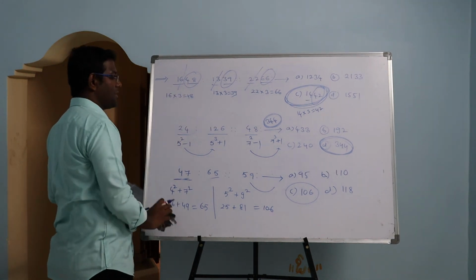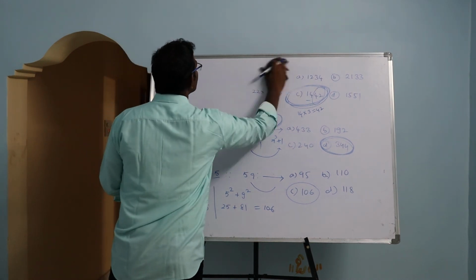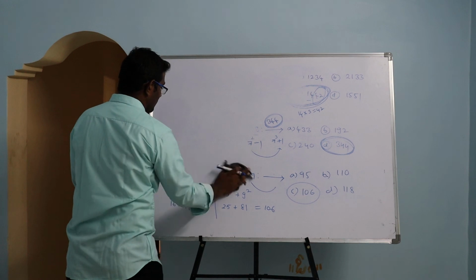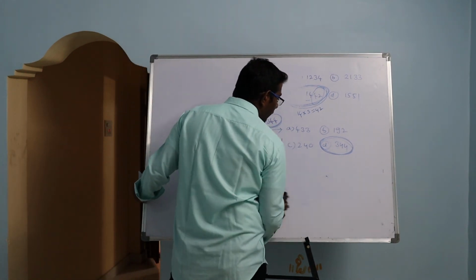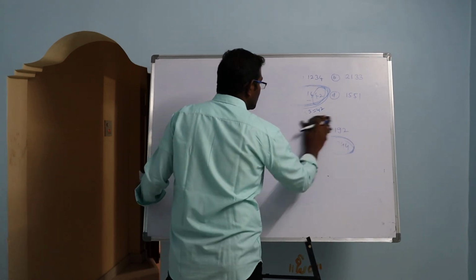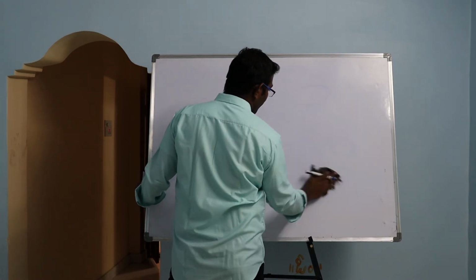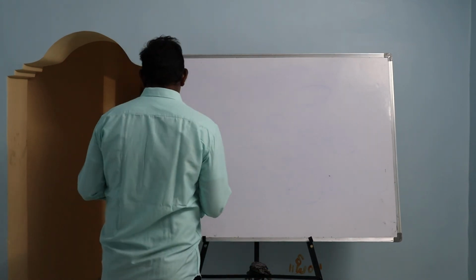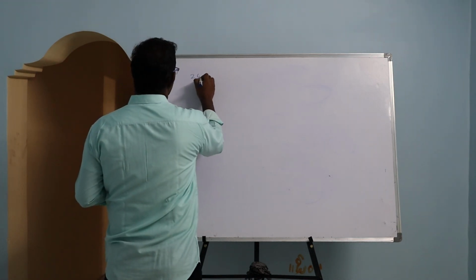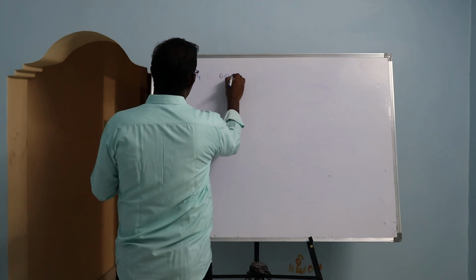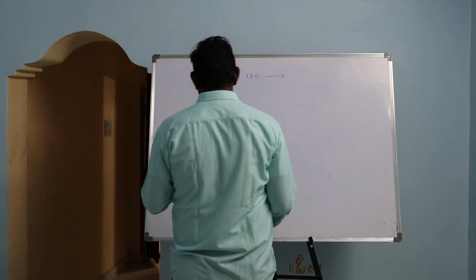Write down the next one. 24 is to 60 as 120 is to dash.